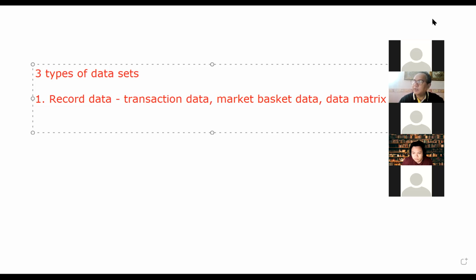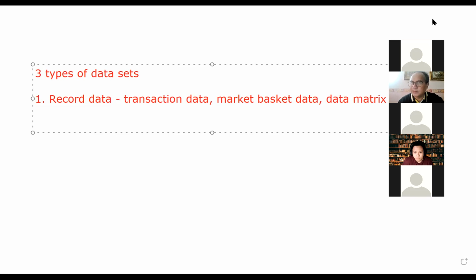The concept is, when you see people buy groceries, the market basket is the basket that they use to hold grocery items. The analogy is they buy grocery items.